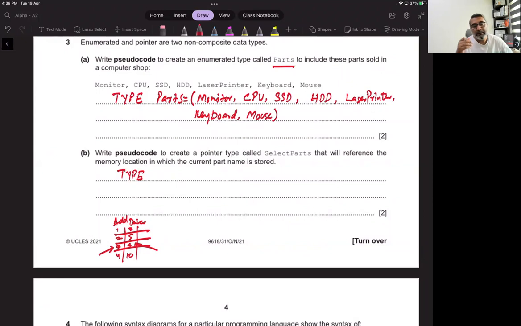So pointers do not tell us about the data or the variable's value, rather they tell us about the location of the variable. So select parts, sorry.